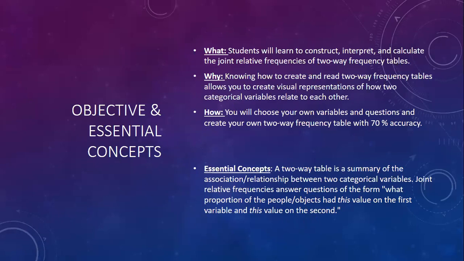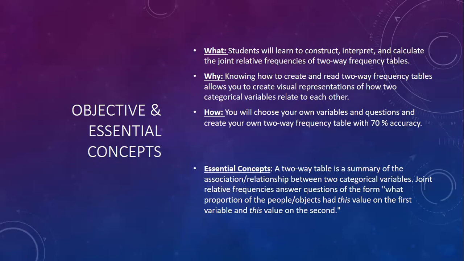Okay, so there's a lot of vocab there. Joint relative frequencies, two-way frequency tables. The word frequency should be ringing a bell for you. Frequency, if you remember, means the number or a tally or a count, right? So tallying something or counting.